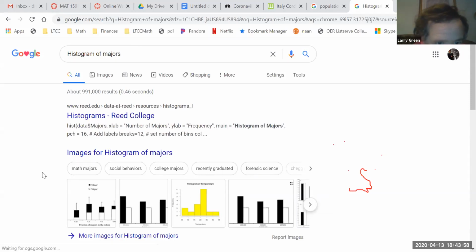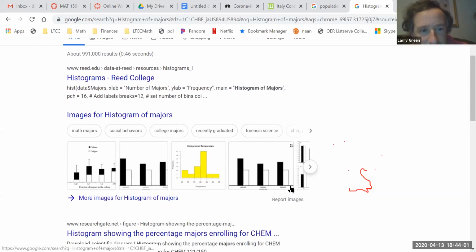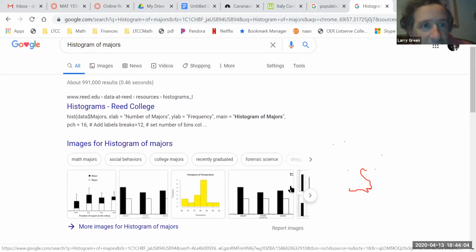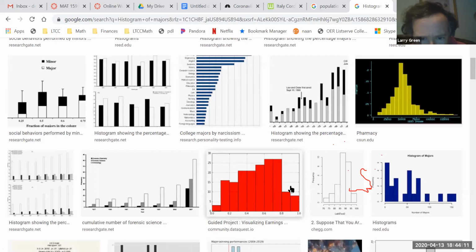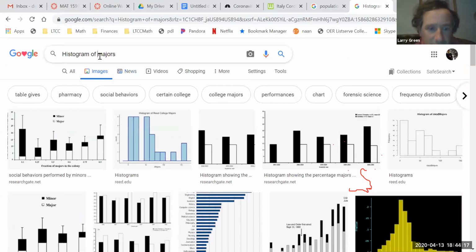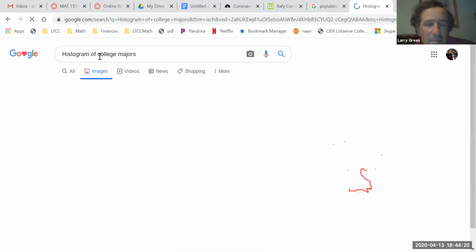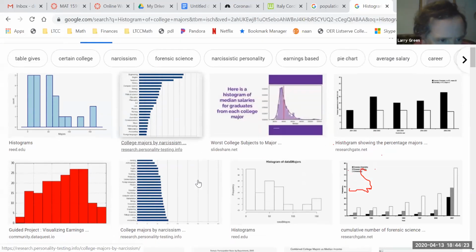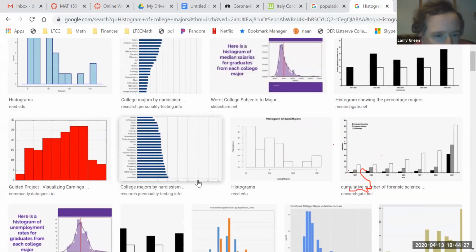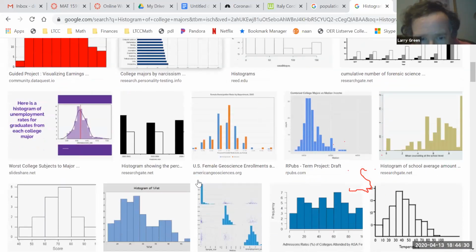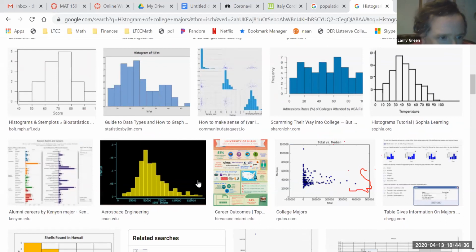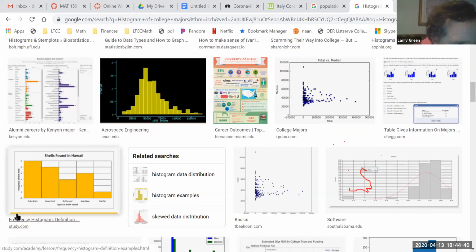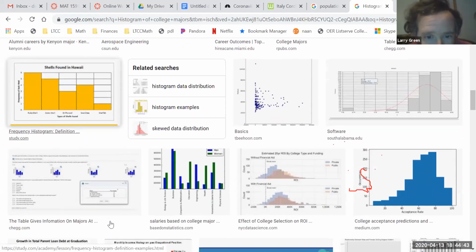Let me see if I can find one. Google gives lots of images, so let me go grab images. Not majors, so let me do college majors. I thought this would be a lot easier and I was wrong.